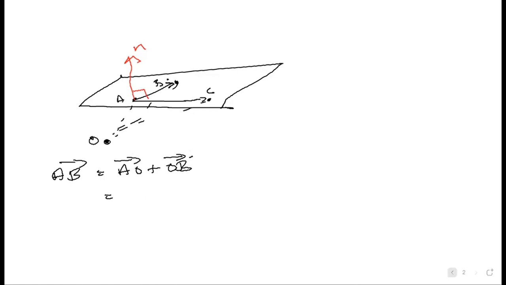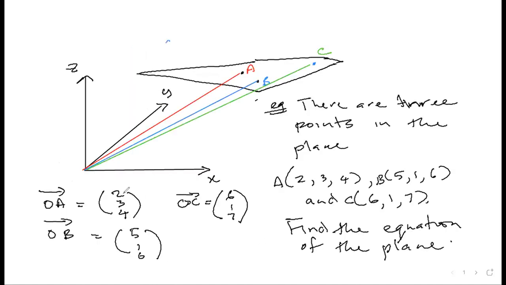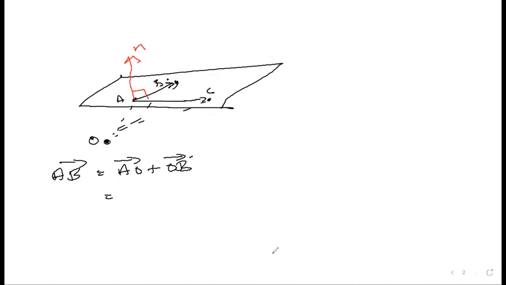suits you. So AO would be the opposite. That's minus 2, minus 3, minus 4. And OB is 5, 1, 6. So plus 5, 1, 6.